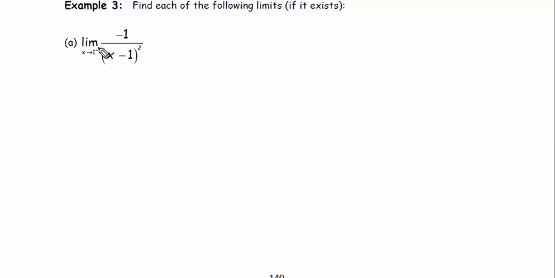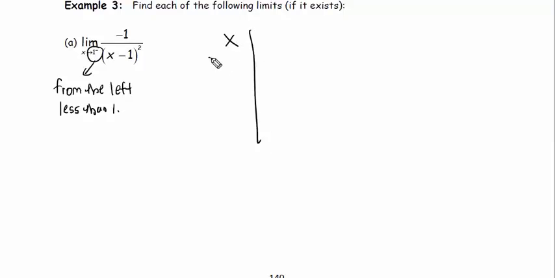So this is the limit as x approaches 1, and remember that little negative sign there means from the left. So that means that I'm going to substitute numbers in that are less than 1, but really close to 1. So x in negative 1 over x minus 1 squared.